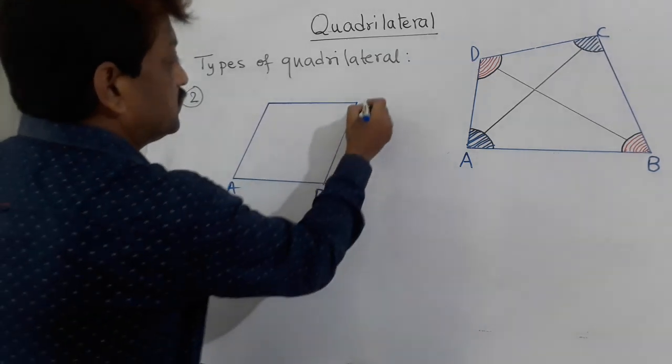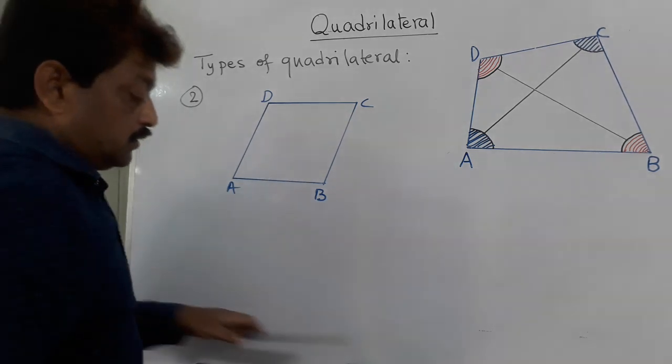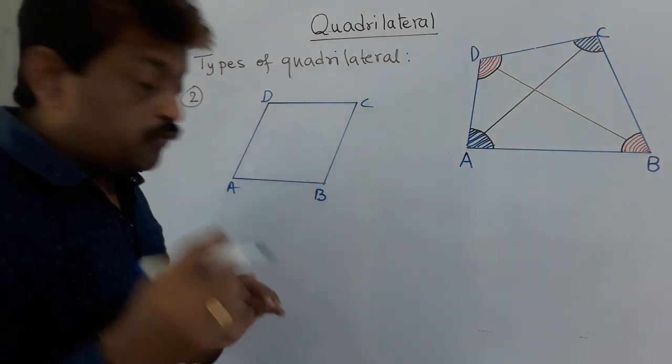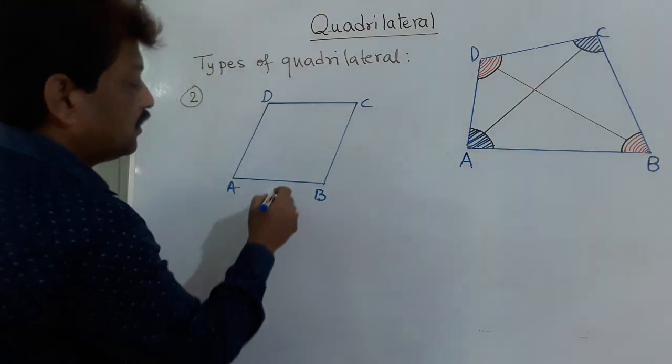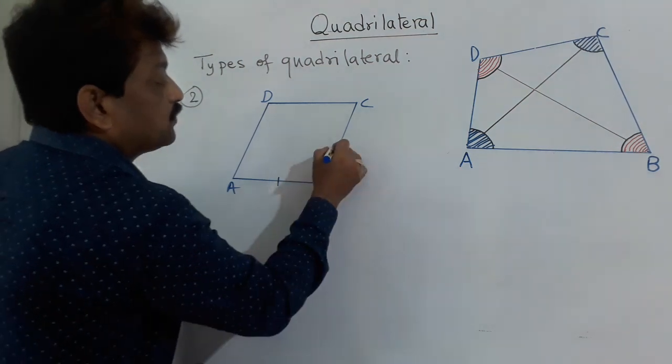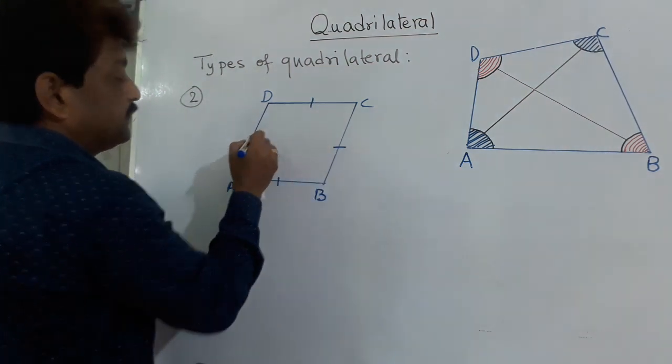So ABCD is a rhombus. This is also a parallelogram with some special feature. What is the special feature? In which all the four sides are equal.